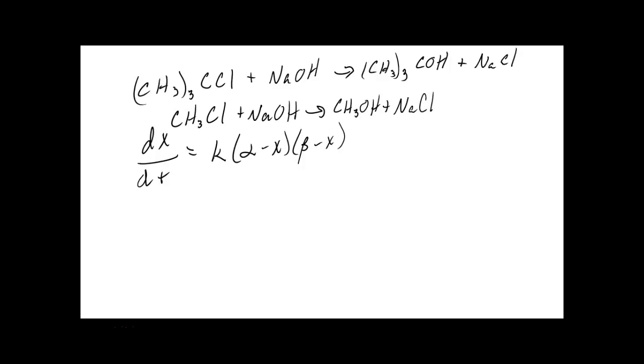So the dx, that's the X, and then this would be alpha minus X and beta minus X. If you're limited here, it's going to slow it down. If you're limited here, it's going to slow it down. If you have lots of both of those, then that's going to proceed pretty rapidly. That's what they're getting at there. Sorry, I didn't see they had introduced a different one. That's called a second order reaction because you have two that you're having to deal with.